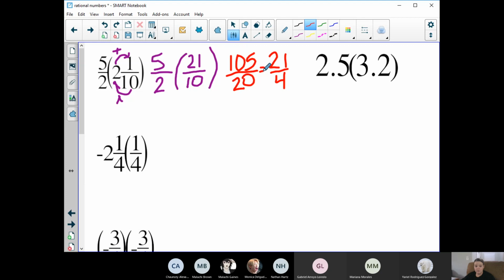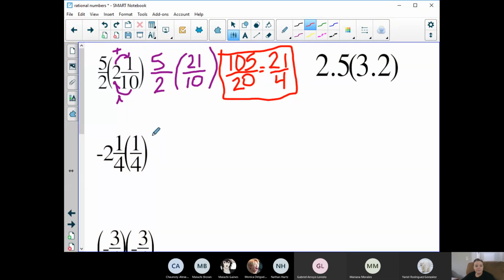So 105/20 or 21/4, or we could even change it back into a mixed number, depending on what the question asks us. Okay, any questions about this first problem? No. Okay.